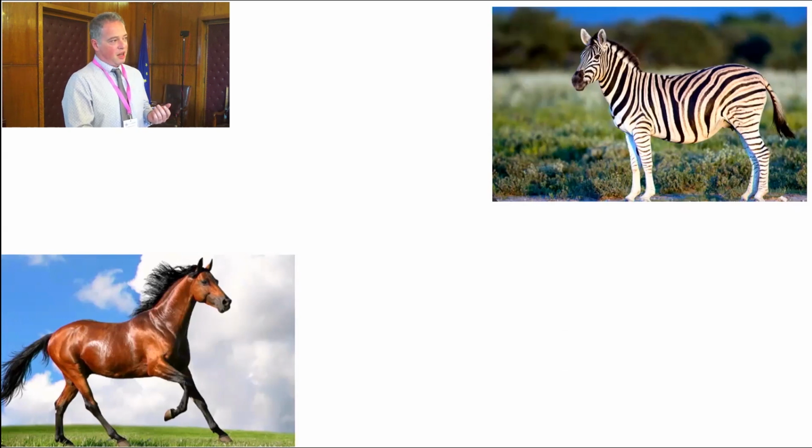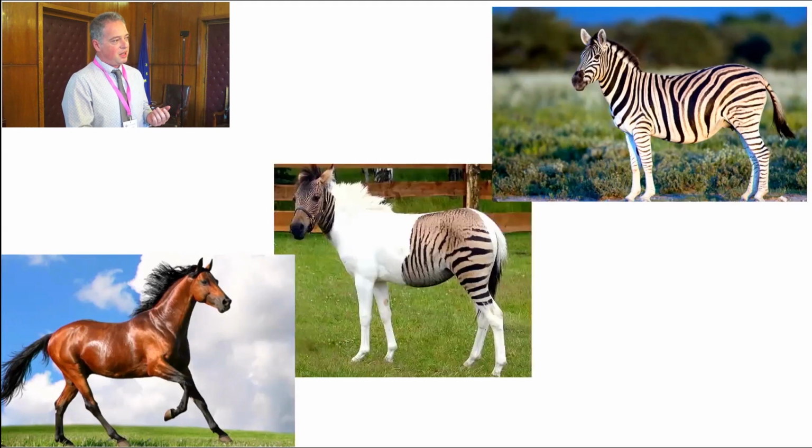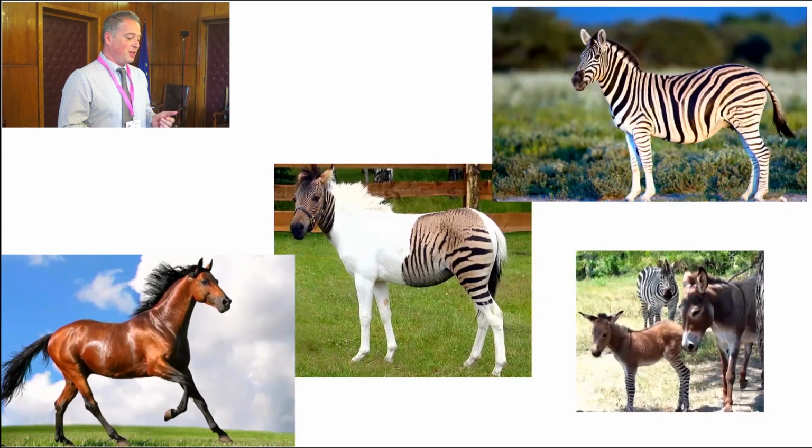In sophisticated cases, we should keep in mind that zebras and horses sometimes combine. This is a so-called zebroid, but you need specific expertise to actually resolve this case. And in very special cases, we don't even need horses. This is a donkey-zebra zebroid. So thank you for your attention.